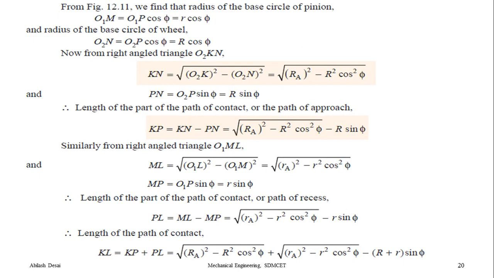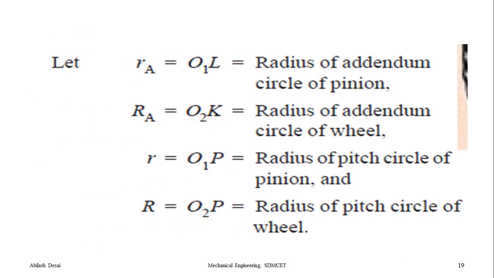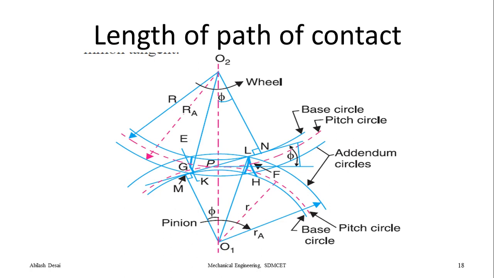Now the length of part of the path of contact, or the path of approach, that is KP. KP will be nothing but KN minus PN. You want to first find the distance from K to P here.